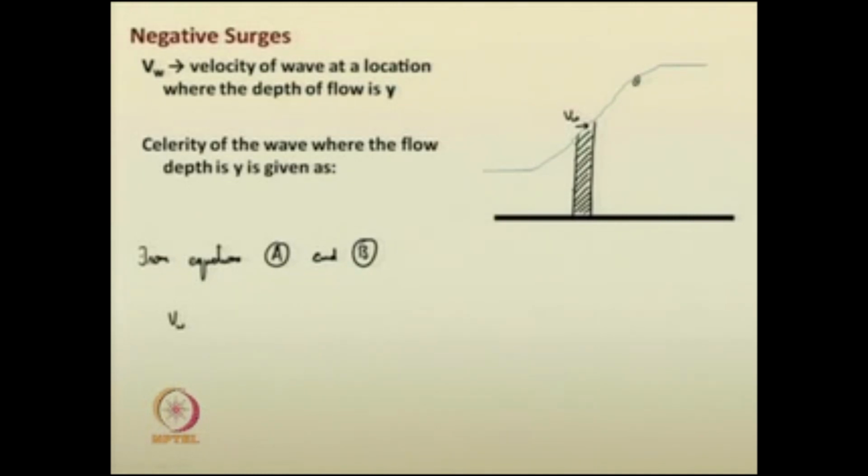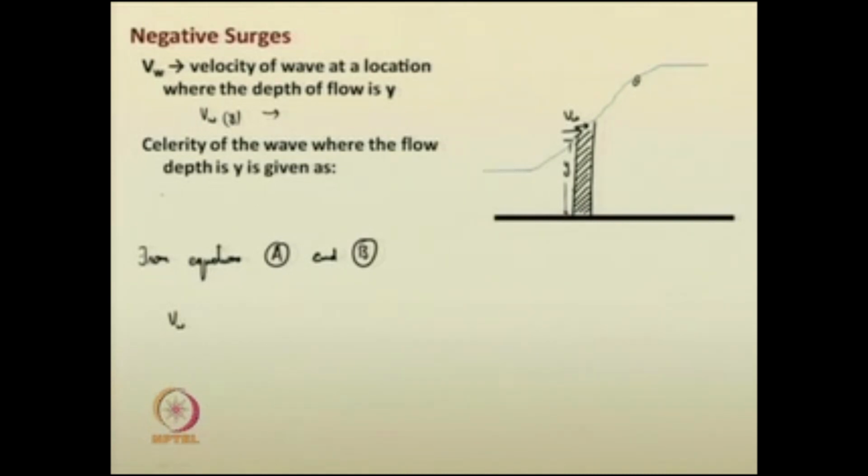At this location, the wave velocity will be different. So, this is having the depth of flow y here. So, at any location where the depth of flow is y, the wave velocity is V w, we are now suggesting. So, it means that V w is a function of y in this case.